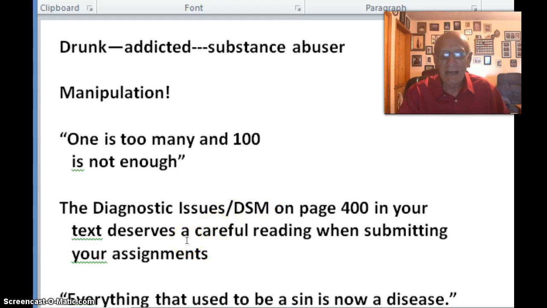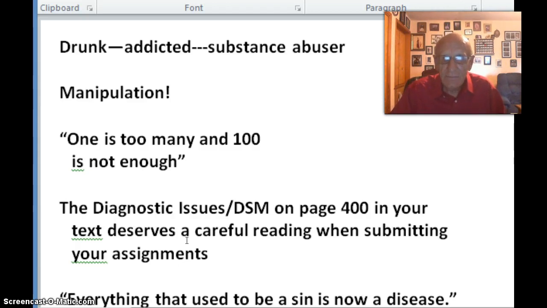The DSM, the diagnostic issues in the DSM, and this is on page 400. And you know, the DSM pretty much goes along with society. They have been changing certain aspects in the DSM, in the past DSM, DSM-2, DSM-3, into the DSM-4, I think, to meet the demands of a culture, of an ideology, of a way of life.